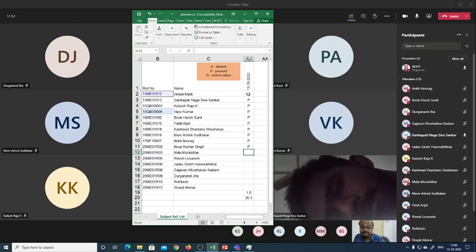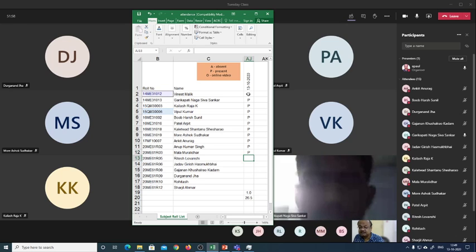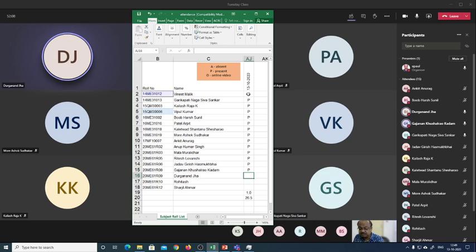Muralidhar. Present, sir. Ritesh. Sir, present. Girish. Present, sir. Durganand. Present, sir. Rohitas. Fine. Sharjil. Present, sir. Thank you so much.